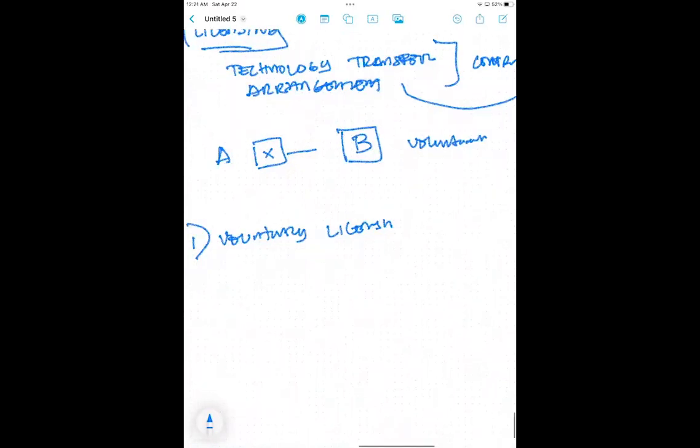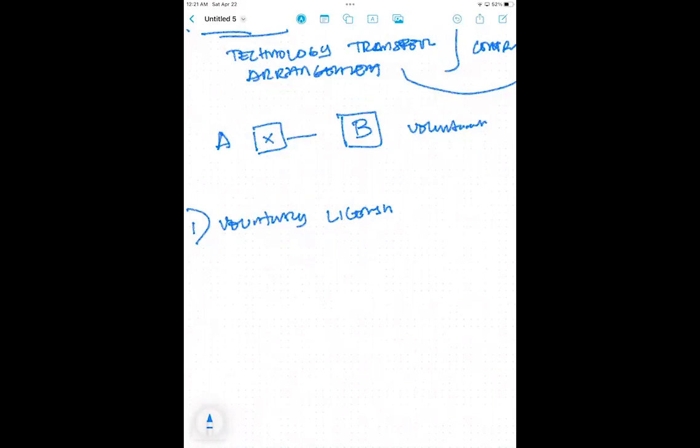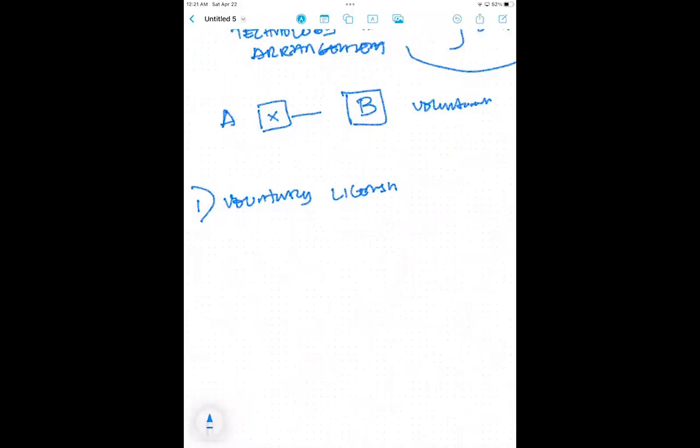But let's focus first on voluntary licensing. This is covered by Section 85 of the law, Republic Act 8293.